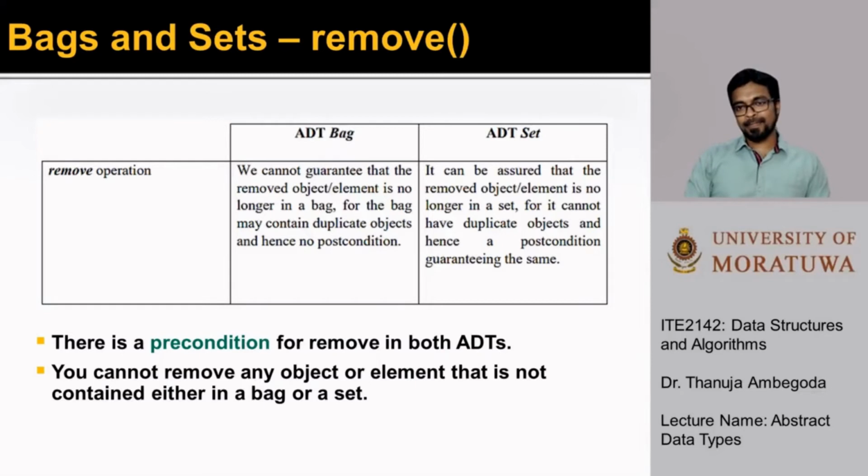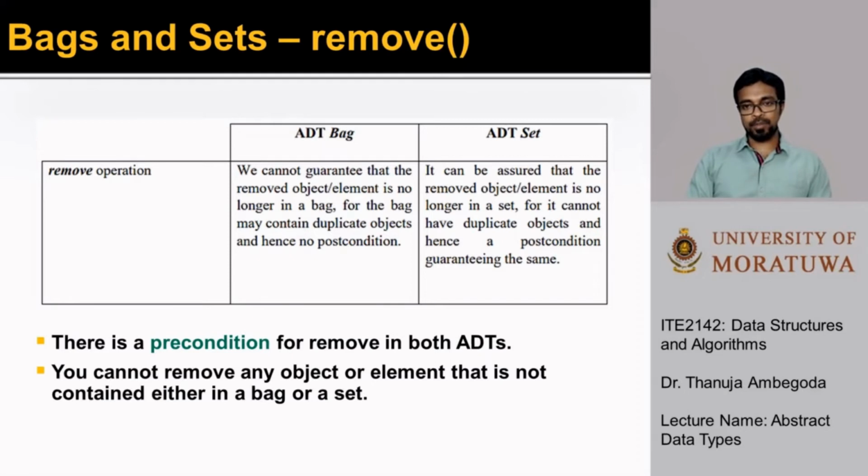So let's see what happens when you try to remove an object. Is there a precondition for bags and sets? Yes, because you cannot remove an object from a bag or a set if the object is not already there. So that's the precondition.